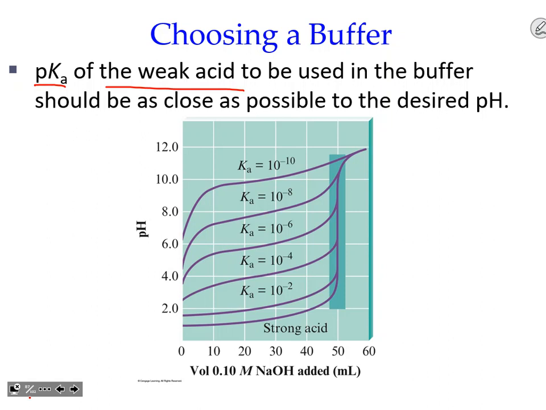Like the bicarbonate buffer is right around 7, because the pKa of carbonic acid is right around 7, a pH of like 7.2 or something. So the pKa, if it's a very weak acid, then it's going to buffer in the 9s or the 10s. If it's a stronger acid, you can buffer around the 3s or the 2s.